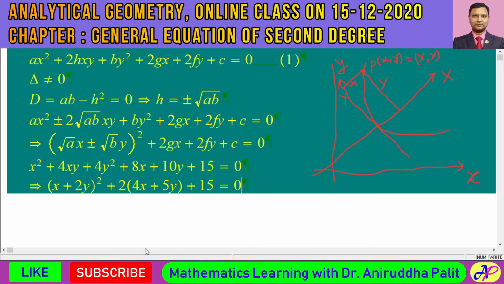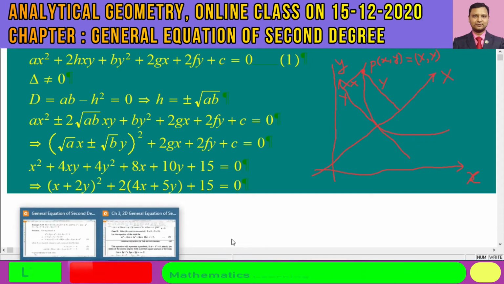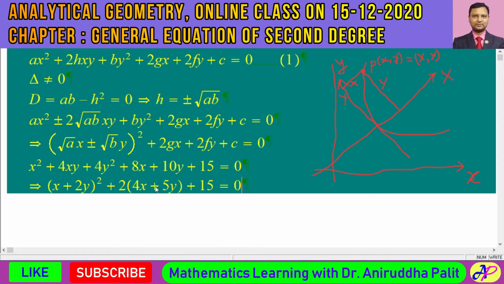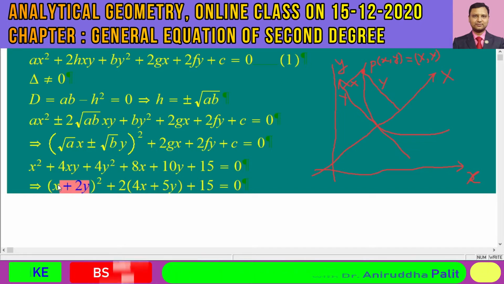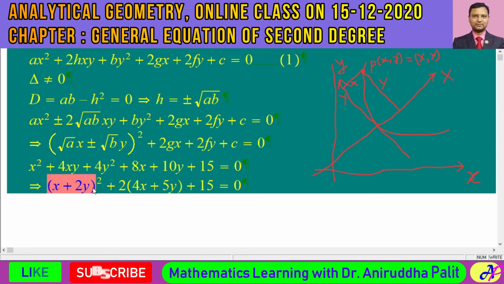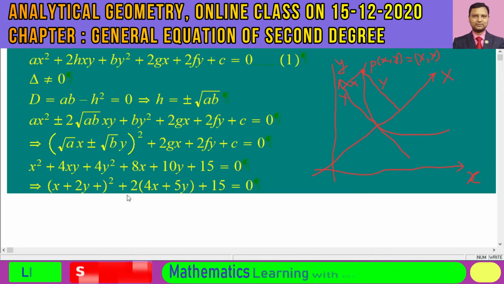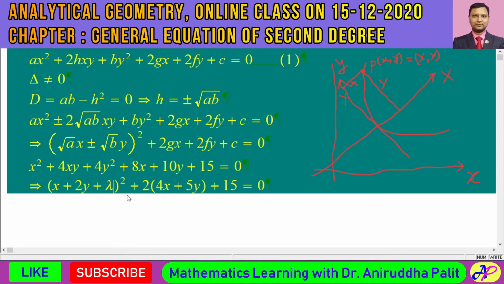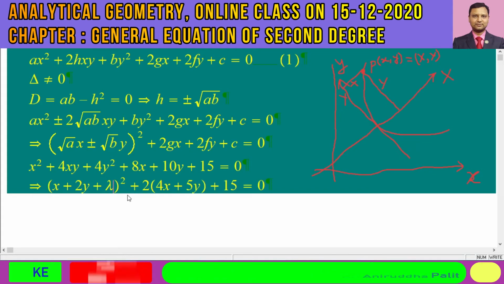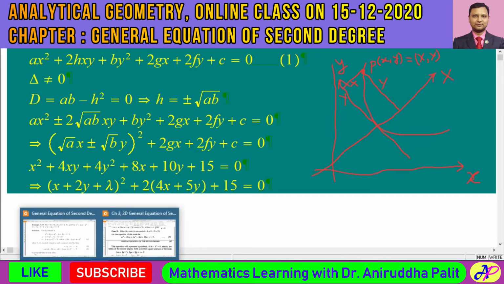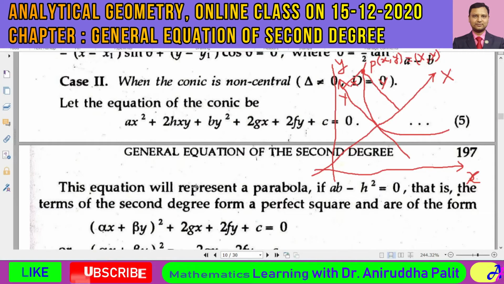Then what to do? As per your book, they have advised that we need to add some constant over here, maybe something like lambda or delta or k, whatever. I don't know what is specified. Let me check.